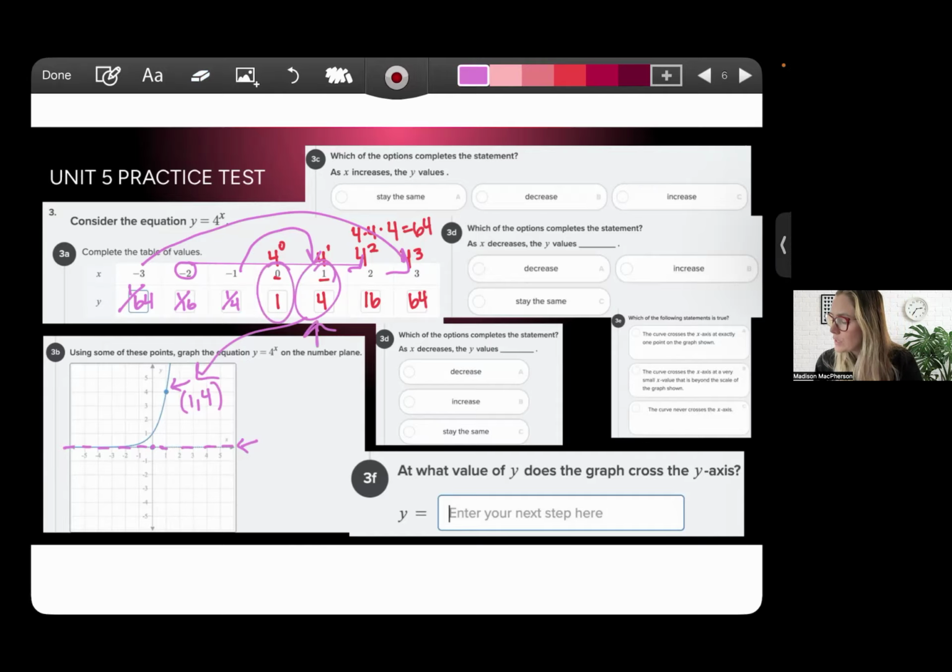All right, 3C, which of the options completes the statement? As x increases, the y values, all right, let's see what happens. As x increases, so x is increasing this way, y values are going up, right? So they are increasing.